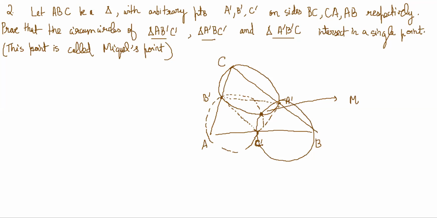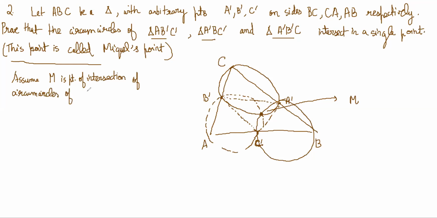So the strategy to prove it is to assume M is the point of intersection of the circumcircles of two of them, say AB'C' and A'BC'.